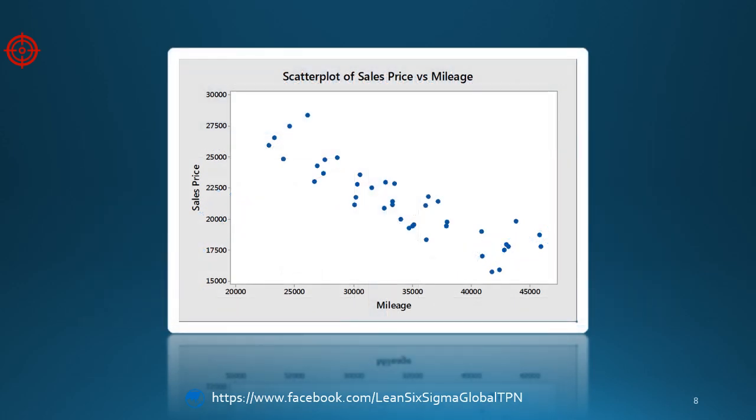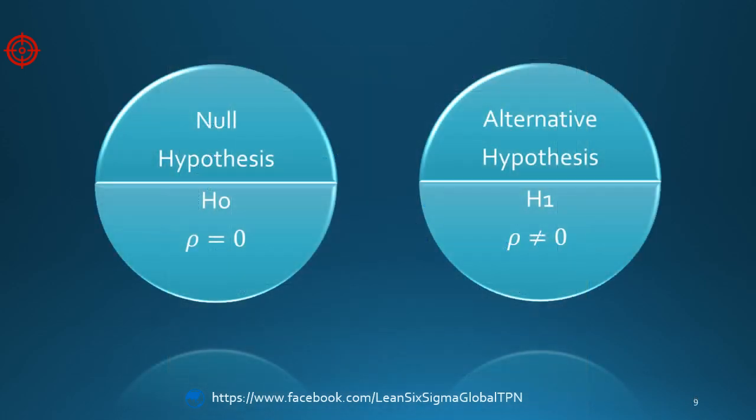Based on a high correlation coefficient, we might conclude that two variables are linearly related. But how can we be sure this result is statistically significant? We use a hypothesis test to determine whether a linear relationship between the variables exists.